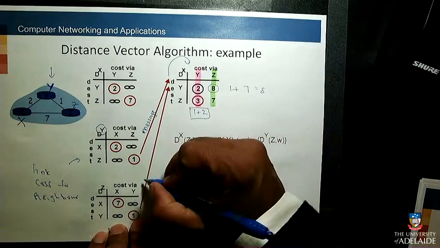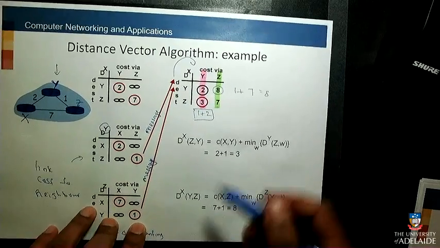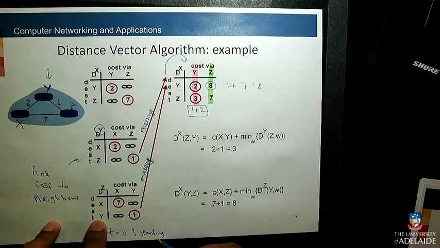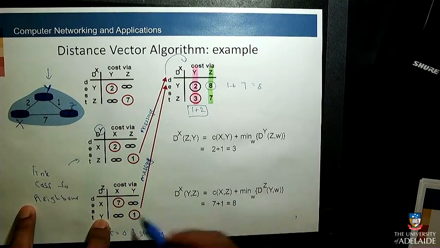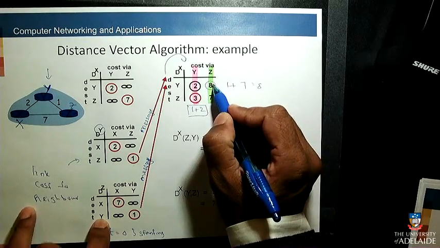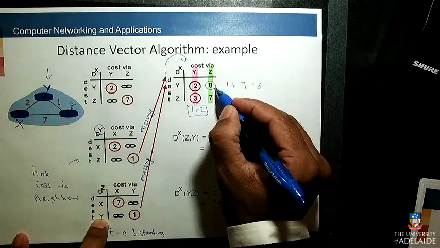And then if I look at this message here, Z says I can get to Y with a cost of 1, and I can get to Z with a cost of 7, so that becomes 8.